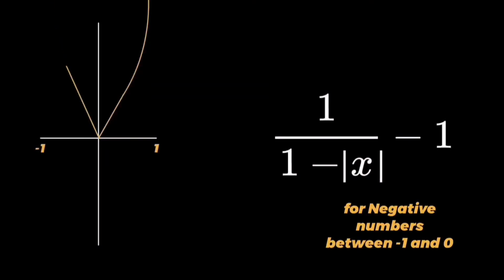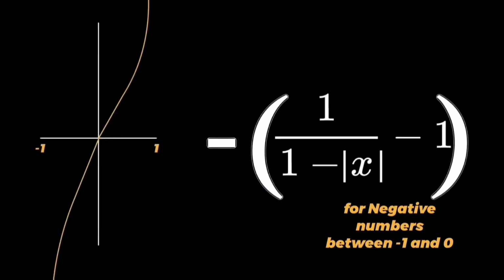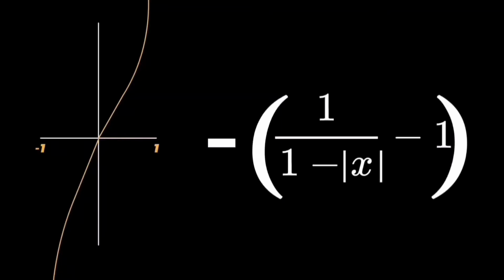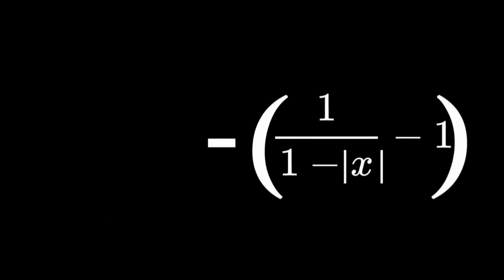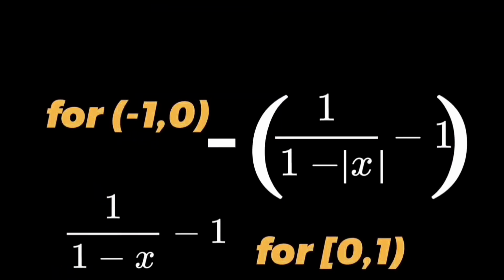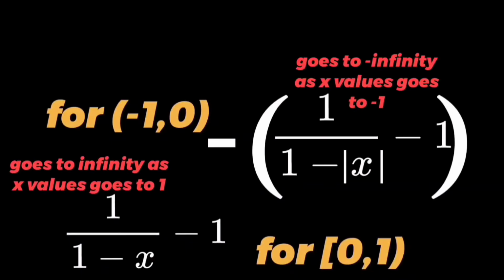So I put a minus in front, so that this function will go to negative infinity as x goes to -1. By this we can define it for both negative and positive numbers separately, but we can't define it for 1 and -1, because 1 and -1 are for infinity and negative infinity respectively. Infinities are not real numbers, so this function will be bijective on the set of real numbers between 1 and -1, without 1 and -1.